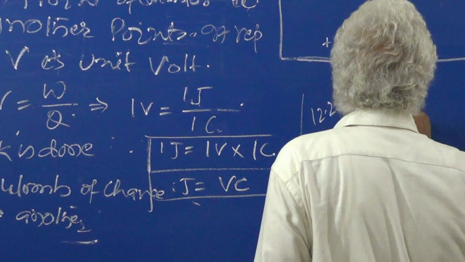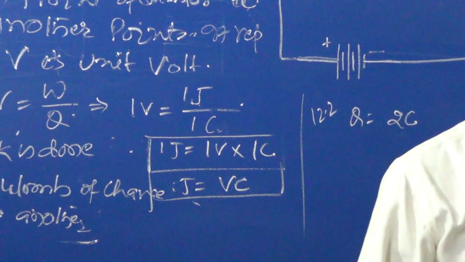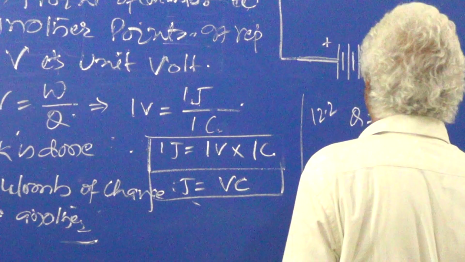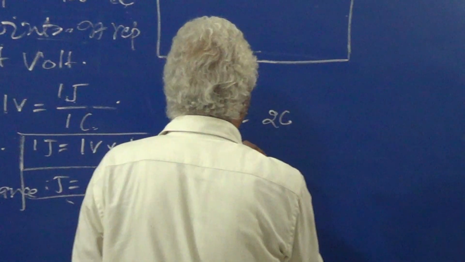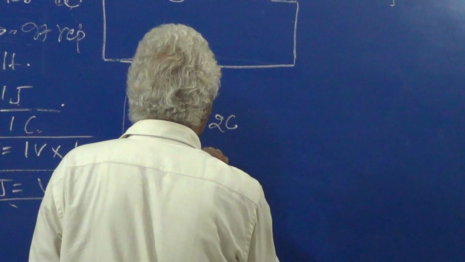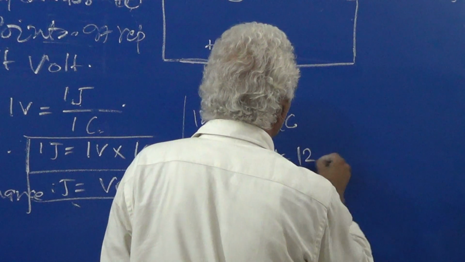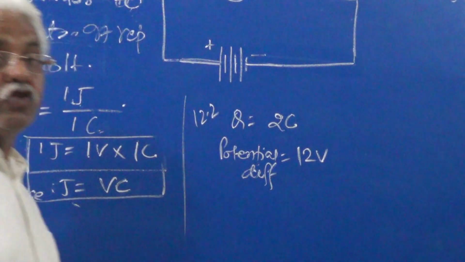Charge equal to 2 coulomb. How much work is done by moving 2 coulomb charge across 2 points having potential difference 12 volt?